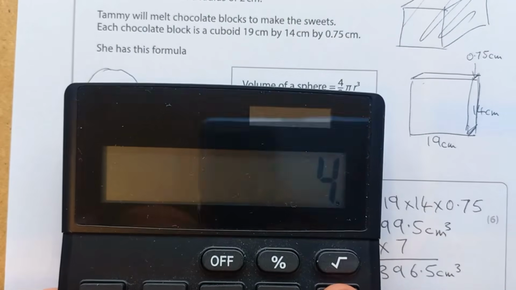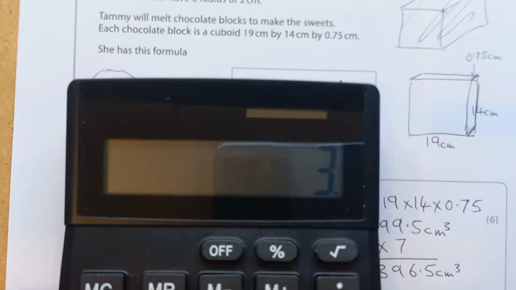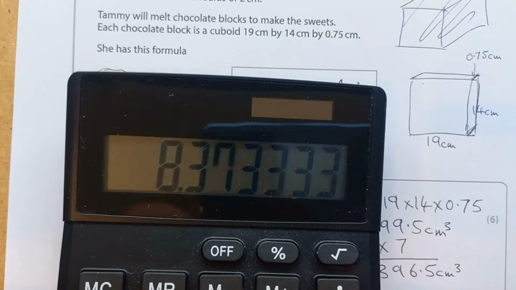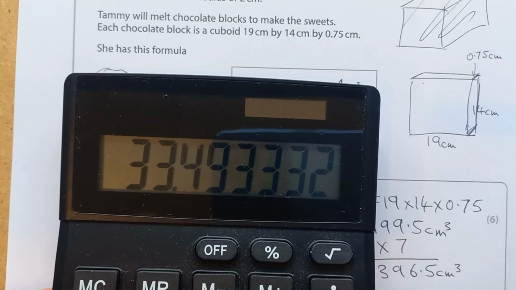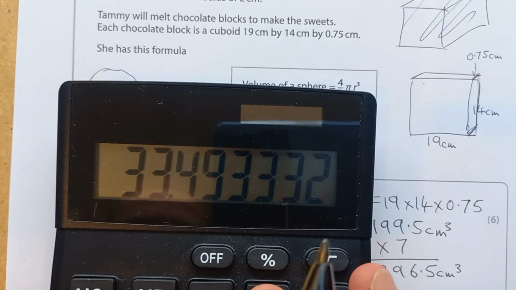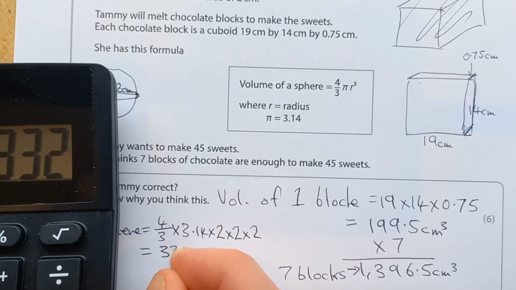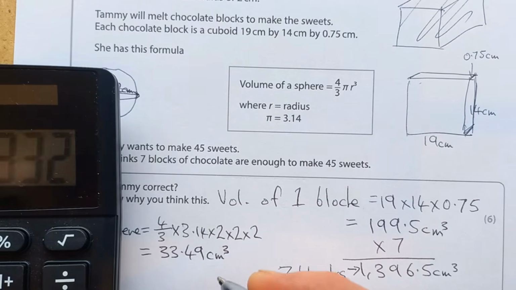So we're doing 4 divided by 3 times 3.14 and then times 2 times 2 times 2. And we get 33.493333. Again, I'm going to put that in my calculator's memory and I'll just write that down as 33.49 for now. And again, that's centimetres cubed.